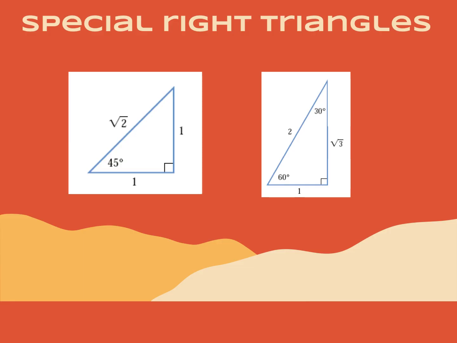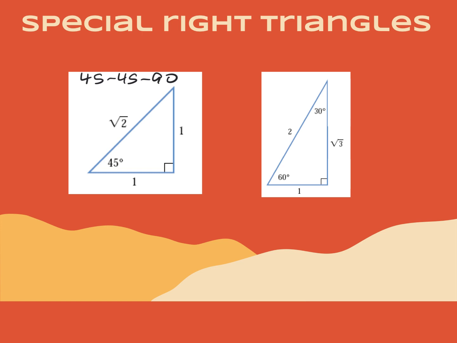Okay, so we have 2 special right triangles. The one on the left is called our 45, 45, 90 special right triangle. If you remember back to geometry, the 3 angles of a triangle should always add up to 180.